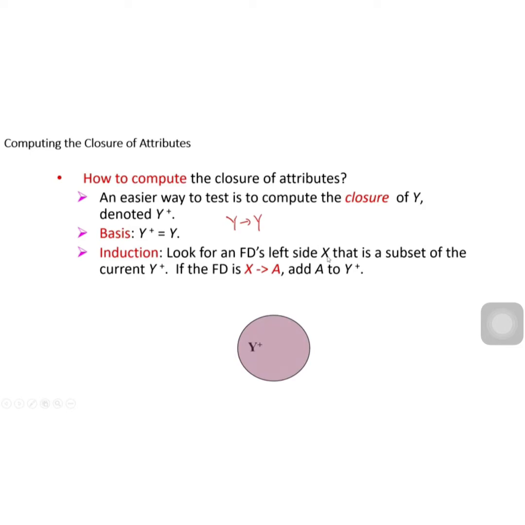If the left side X is a subset of the current closure Y, then we add the right side A to Y, and we get a new closure of Y. Repeat these steps until no new attributes can be added to the closure.